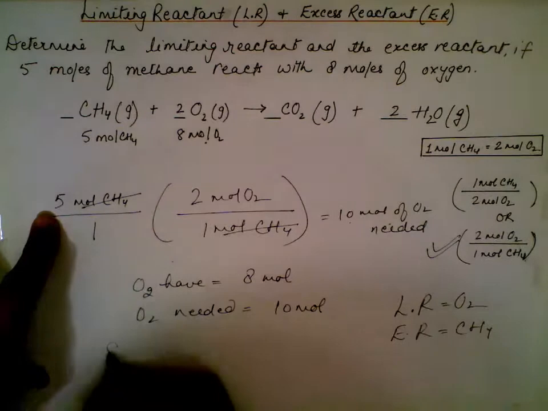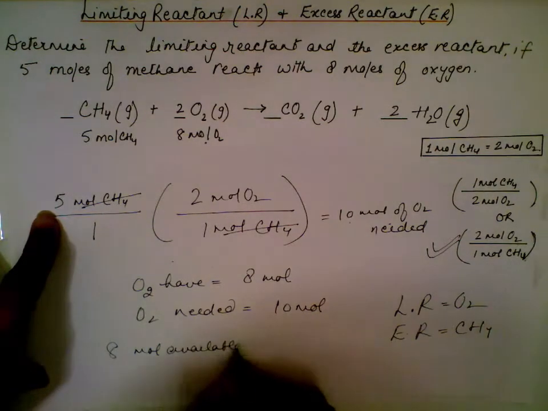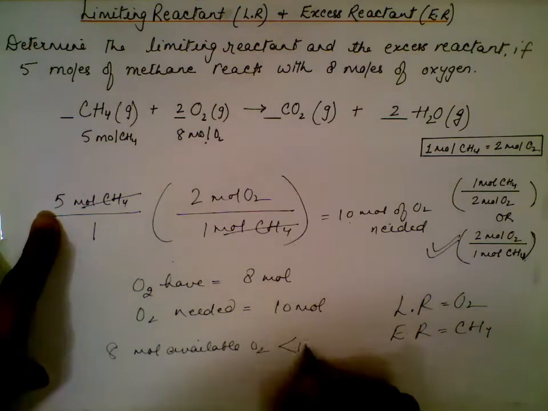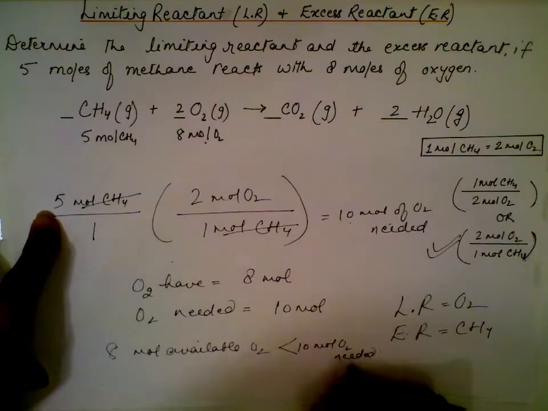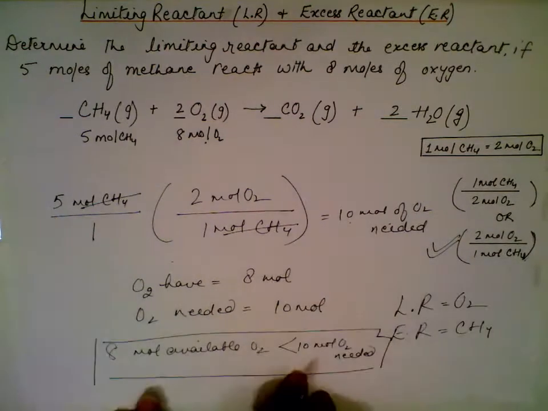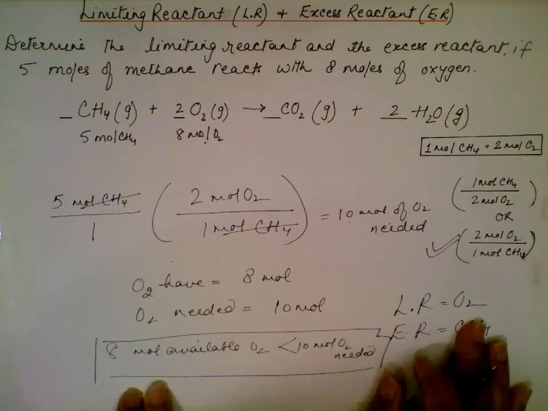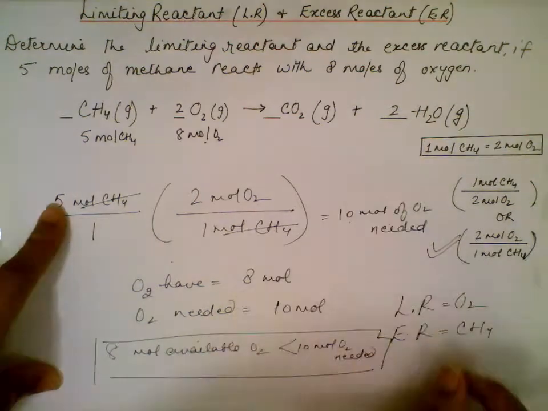I'm going to write it like this: 8 moles of available oxygen is less than 10 moles of oxygen needed. That is the reason that oxygen is our limiting reactant, and it is going to run out first. It's going to determine the amount of products in the reaction.